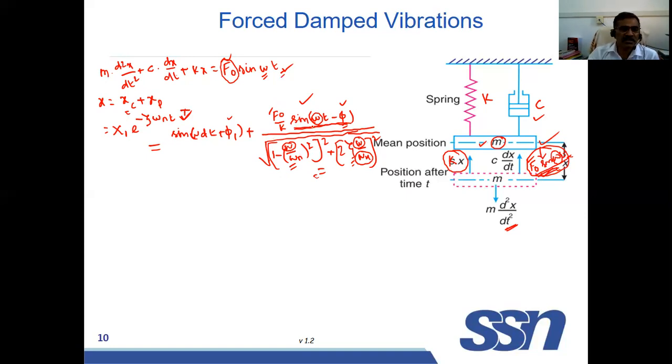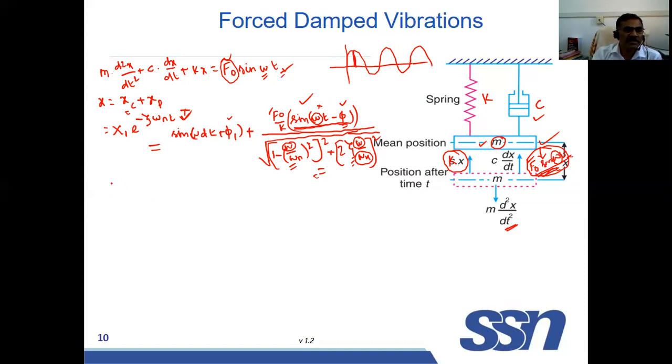If you draw this in terms of a curve, it will be like this. Here, we are interested in the amplitude value. The sine portion will give the curve. If you remove it, it will give this value. So I am interested in finding the amplitude of vibration.